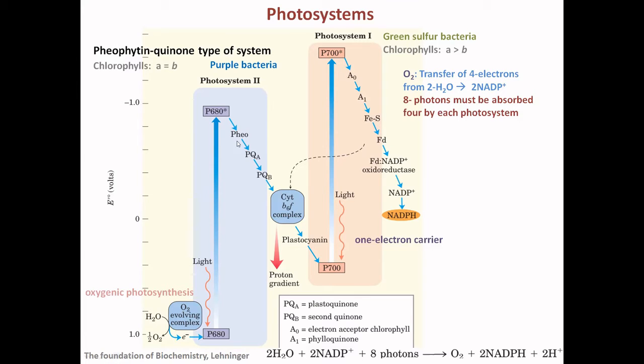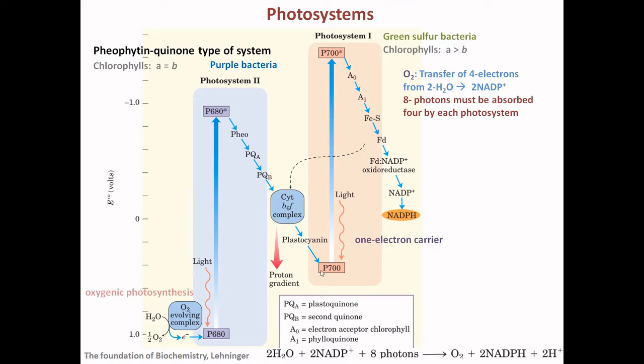In this process, the energy is released and that is being used in pumping the proton. So PQ is the plastoquinone A, plastoquinone B. This is the cytochrome b6f complex. Okay. And plastocyanin is a water-soluble protein molecule that is equivalent to the ubiquinone of the mitochondria.